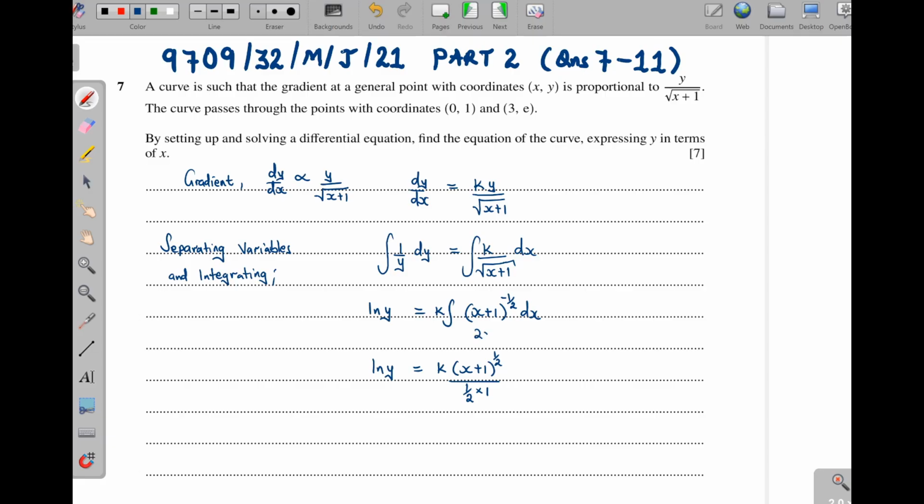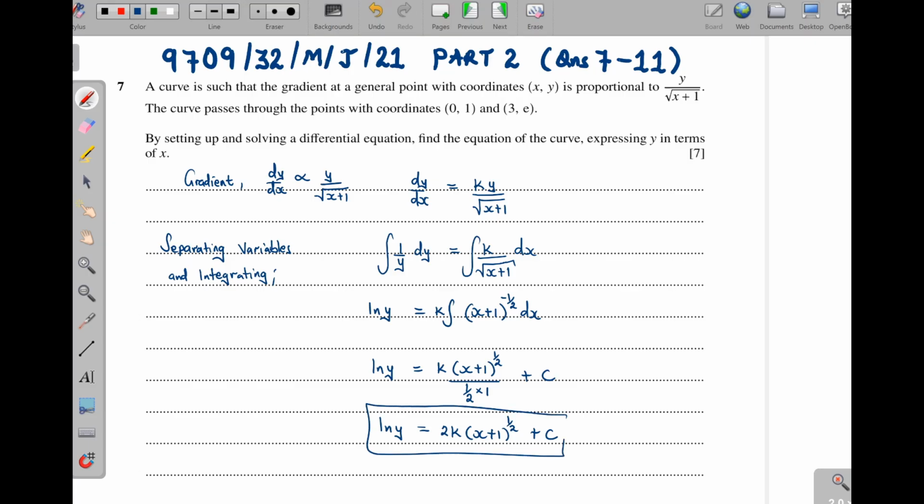Because suppose we had, let's say, 2x plus 1, then that means here we would multiply by 2. You see that? All right. Then from there, I can put a c. So natural log of y shall be equal to, of course, this one will somersault and go up there. You will get 2k and then x plus 1 to the power of a half plus c.